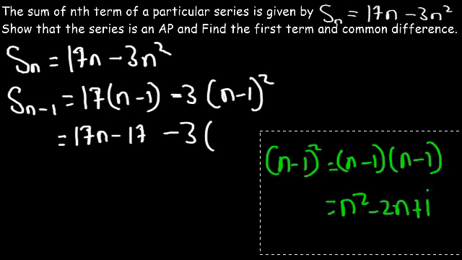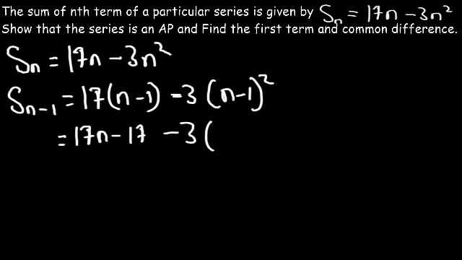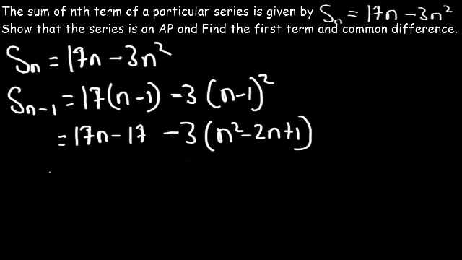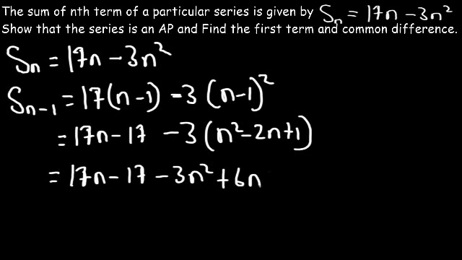Next, I would like to distribute negative 3. So expanding the bracket, I should have 17n minus 17 minus 3n squared plus 6n minus 3.